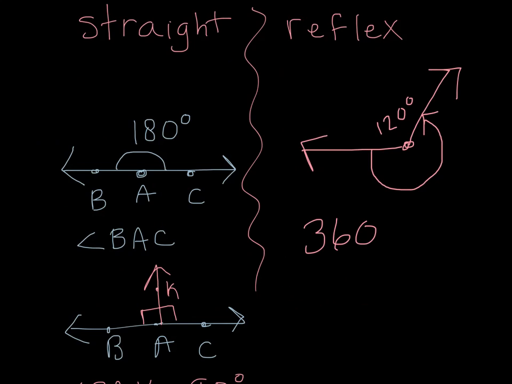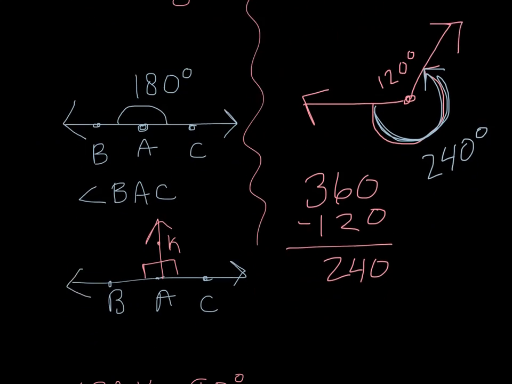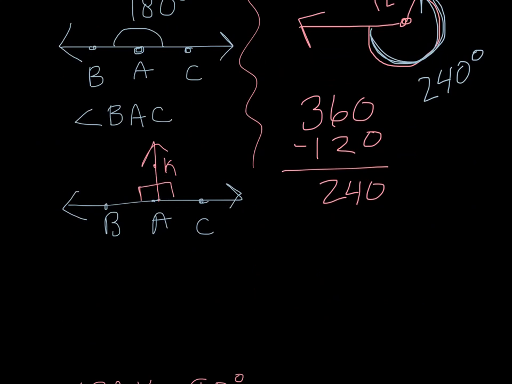So if I did 360 minus 120, then the angle I'm talking about, I'll color that in blue, is this part here, which is 240 degrees. So the 120 is an obtuse angle, but the part I'm talking about is the 240 degree reflex angle. So let me give you another example.